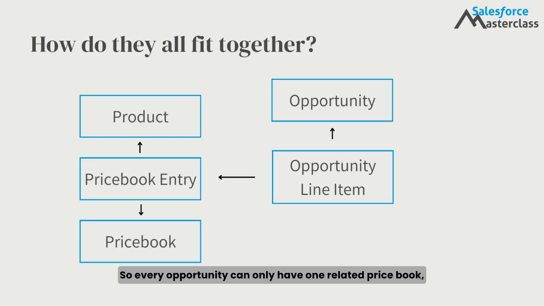Every opportunity can only have one related price book, which means whenever you choose from all of the products that you see within that price book, what you're really doing is looking at the price associated to that product as related to the price book entry. So when you create those opportunity line items, what you're really doing is taking that information from the price book entry and creating the opportunity line item.